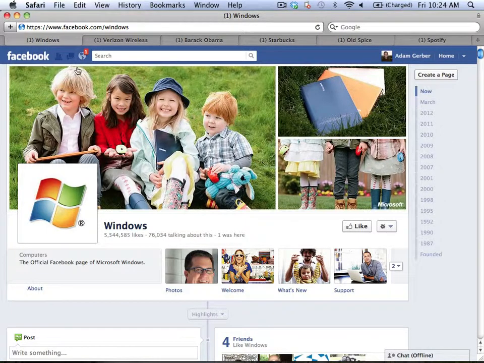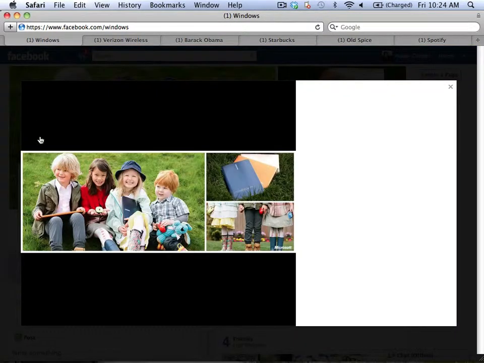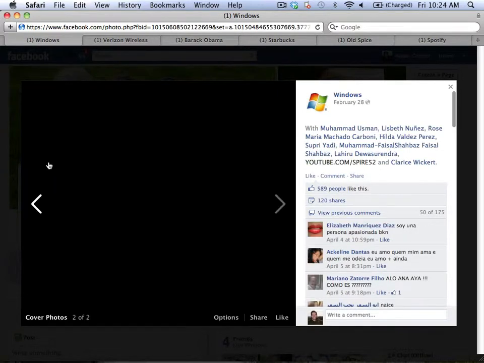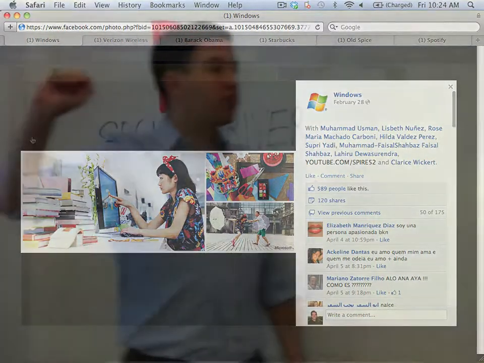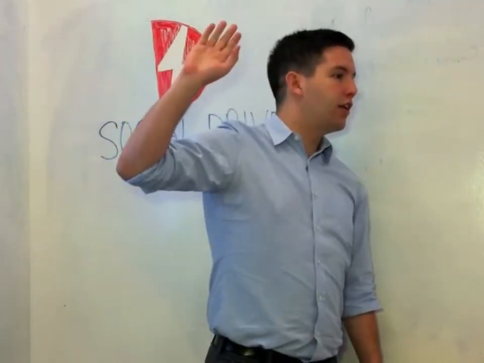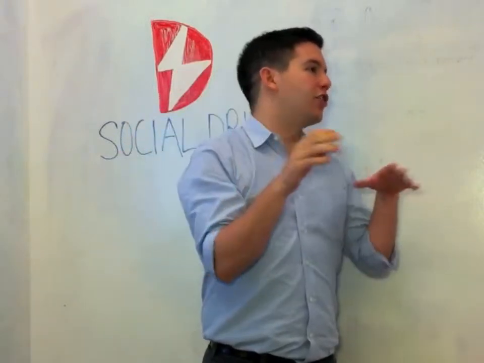If you look at the cover photo, they obviously have these nice smiling children, but you can look back and see some of the previous examples of what they've done. This is the one that was up originally. This was the cover photo from when I opened it just the other day. This is a creative professional, right? This is somebody who a lot of us would expect today to be a Mac user, somebody who uses their computer to do creative things.